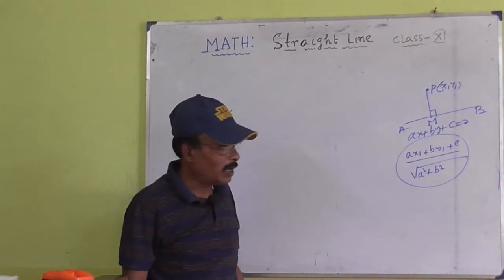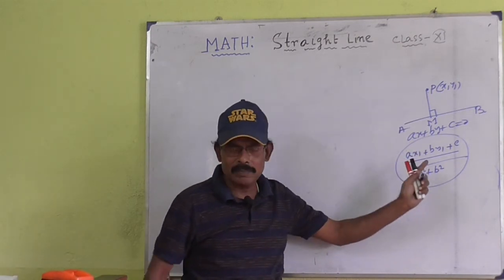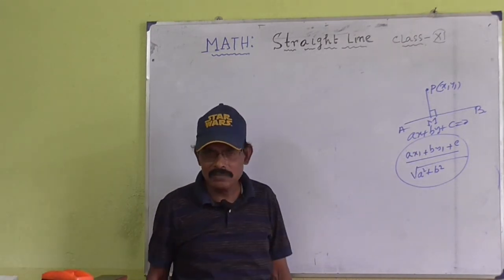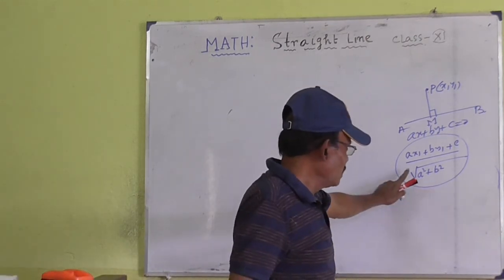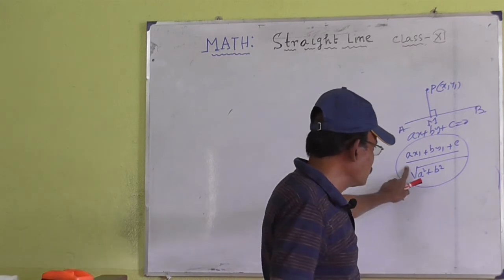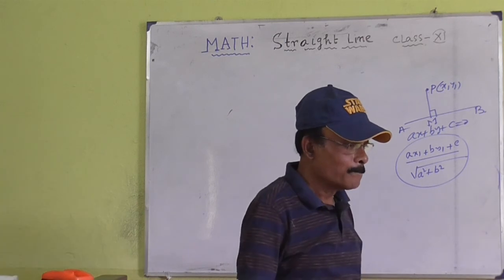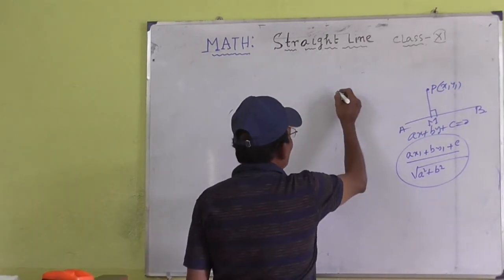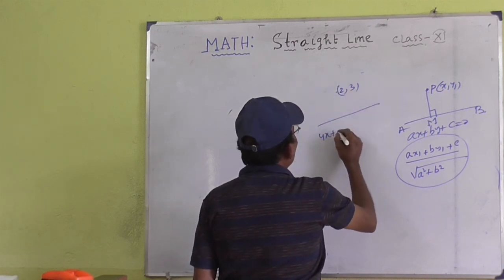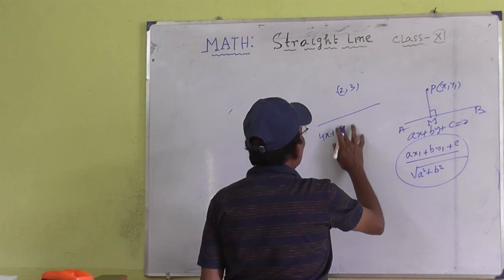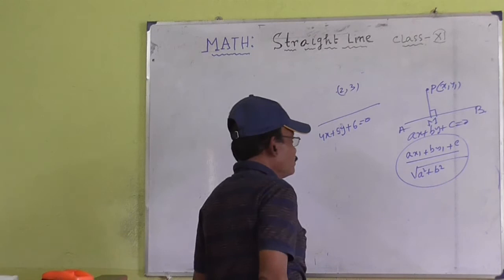I will discuss the basic theorem of the perpendicular distance from the normal form next day, but here you should remember this perpendicular distance formula. Now, choose one example. Let us take the point (2, 3), and the equation of the line 4x plus 5y plus 6 equal to 0.